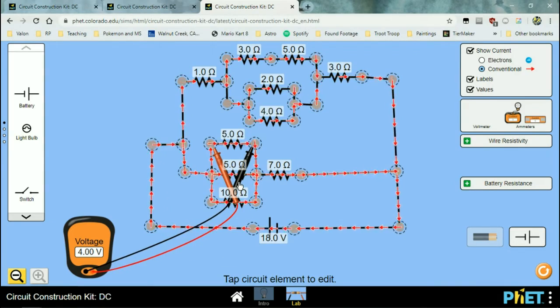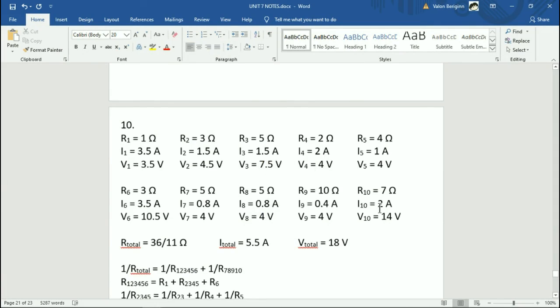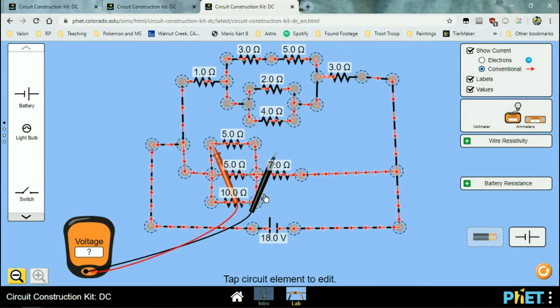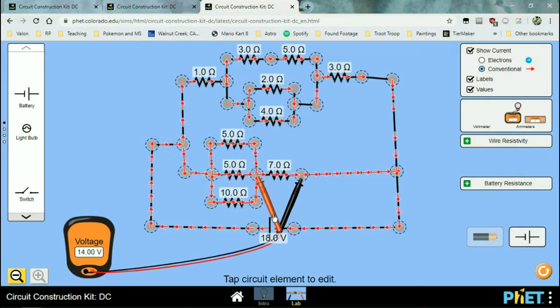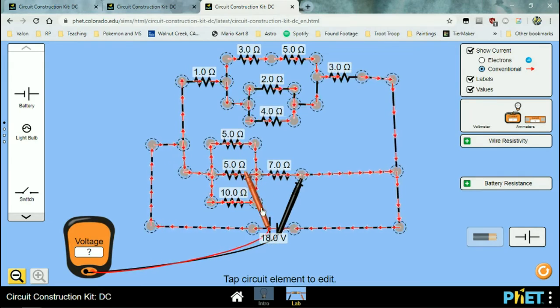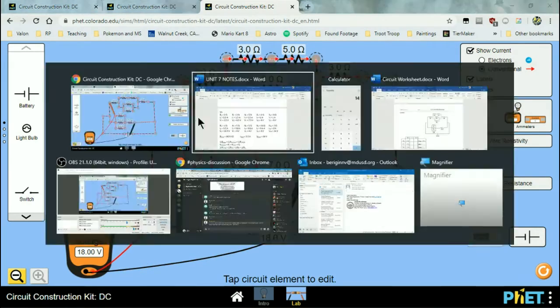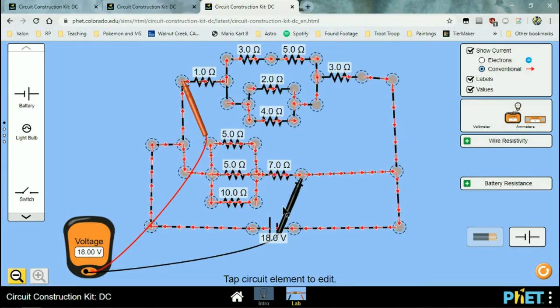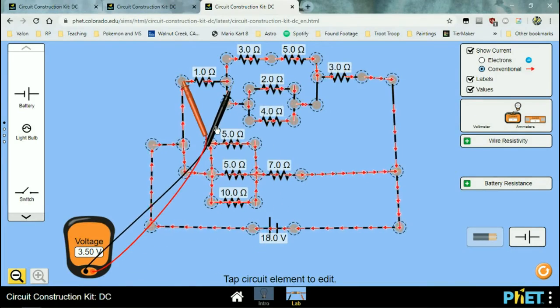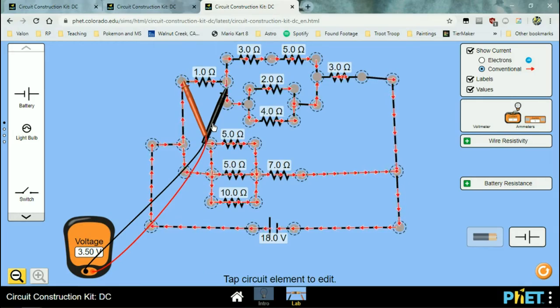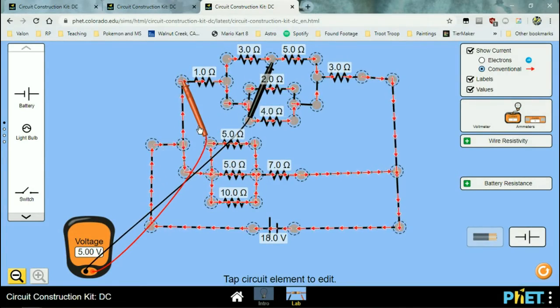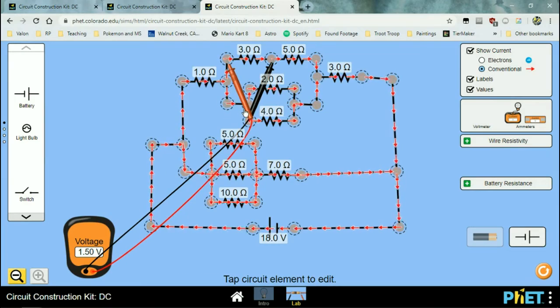Okay, so that's good. And then this one should be 14 over here. 14. Okay, so that's correct. So then this one should be 3.5. That's right. 3.5. Okay, so then 2 should be, wait, 1.5. 2 should be 1.5.